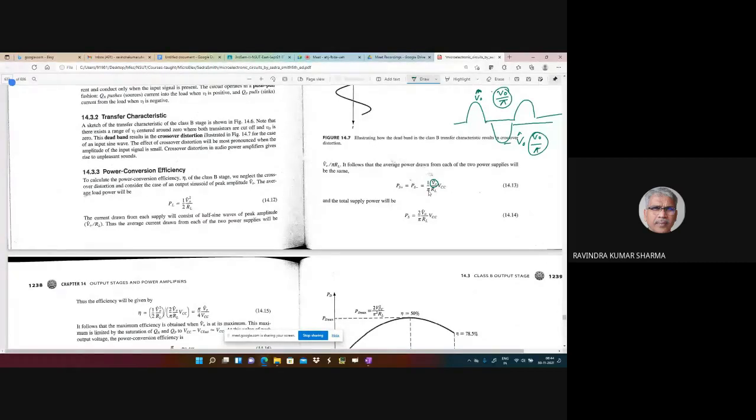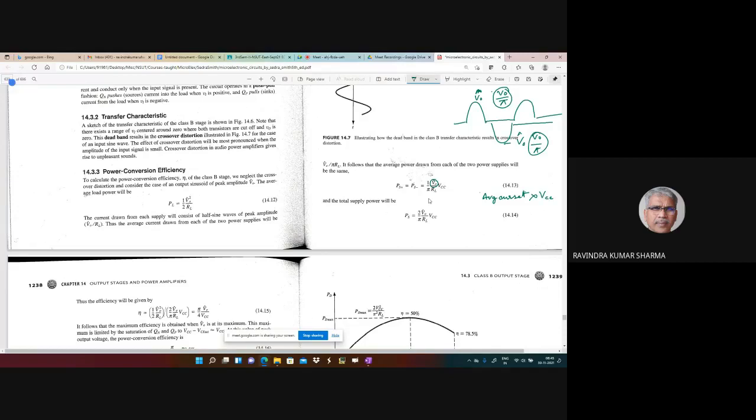Okay. So when you find out the power, how do you find out the average current into the voltage?